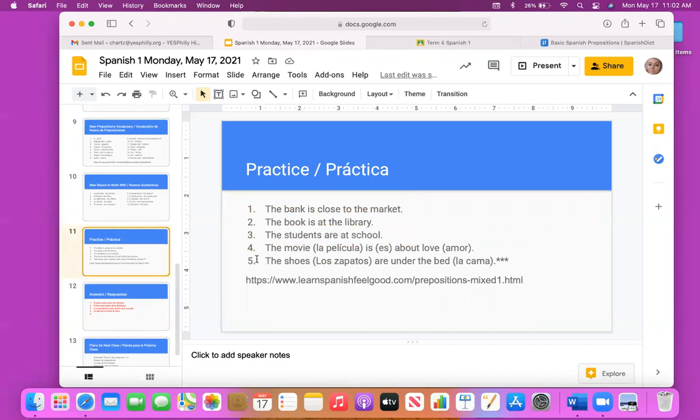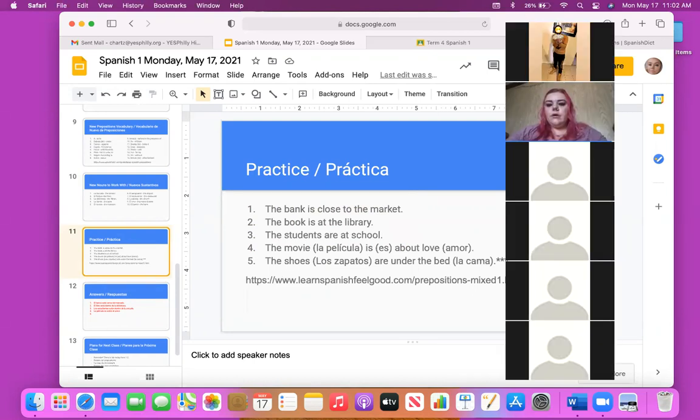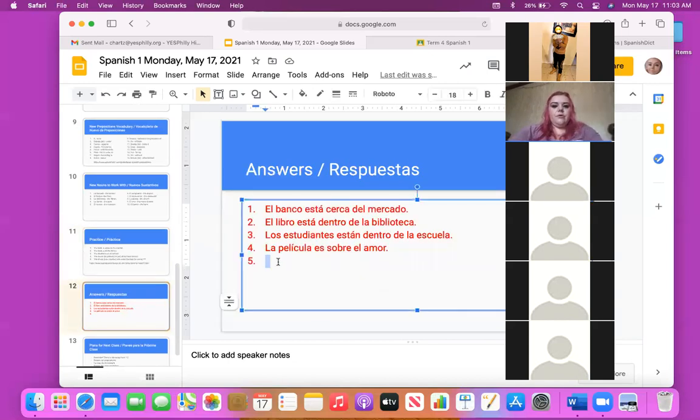So for number 5, we have the shoes are under the bed. So I added the word into Los zapatos están debajo de la cama.